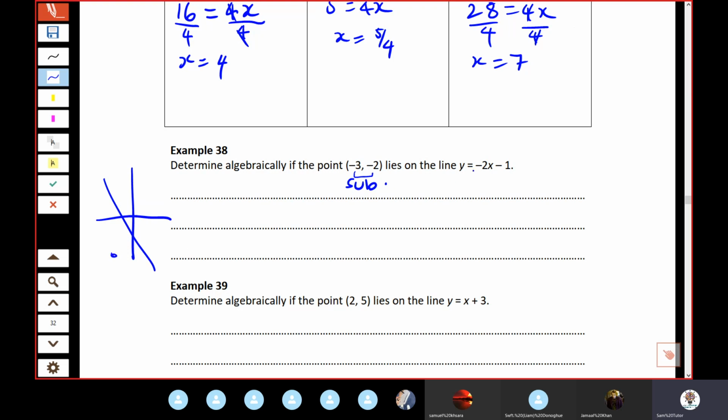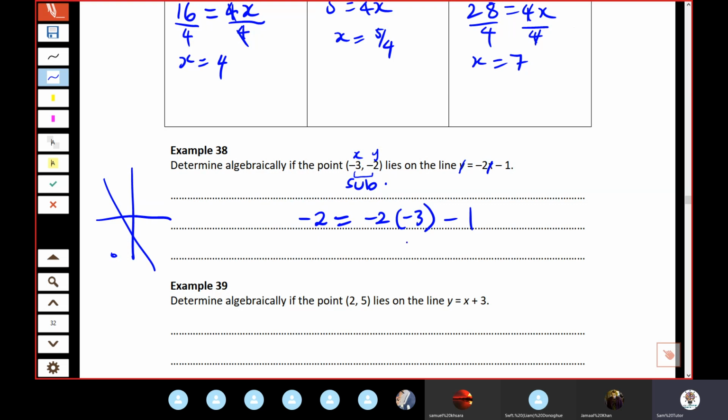So let's see. What's the y value here? And that's the x value. Y is -2, right? -2 equals -2 times x minus 1. So all I did is I replaced the y for the y value, and the x for the x value.